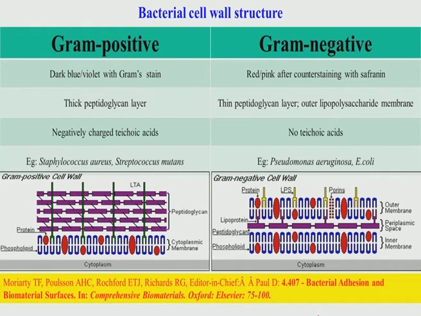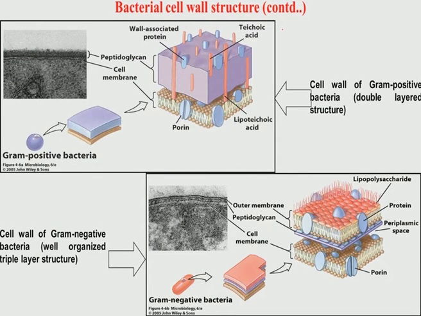Gram positive bacteria appear dark blue or violet with the gram staining agent, and when counterstained with safranin, gram negative bacteria like E. coli appear red or pink. Gram positive bacteria have a thick peptidoglycan layer, and gram negative bacteria have an extremely thin peptidoglycan layer. Let me discuss this with clarity in this particular slide.